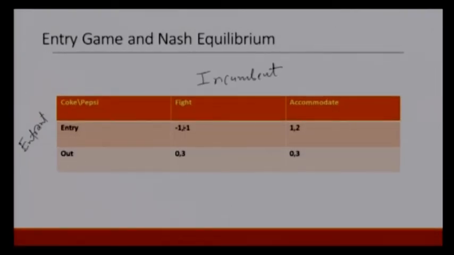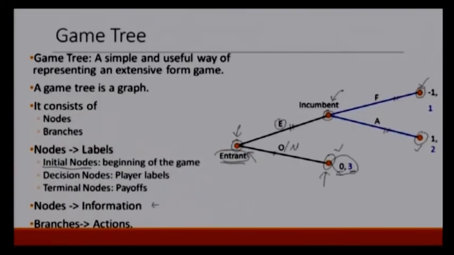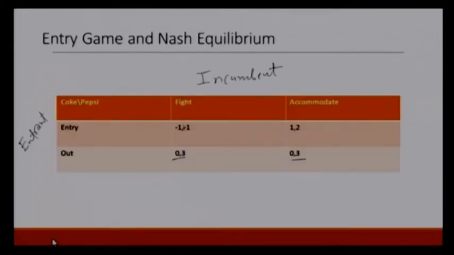But if entrant remains out, then incumbent does not get to move, then what would be the payoff? Notice I have written 0 3, 0 3, which is the payoff when entrant remains out. In this case, entrant gets 0 and incumbent gets 3. Same here. Then why am I writing it in the fight column and the accommodate column?